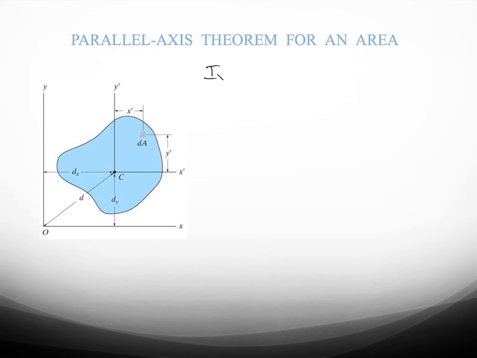What we had for Ix was that it was equal to dy squared dA plus 2 dy y prime dA plus y prime squared dA. And so that's where we are so far. And what we're going to do is look at this middle term.